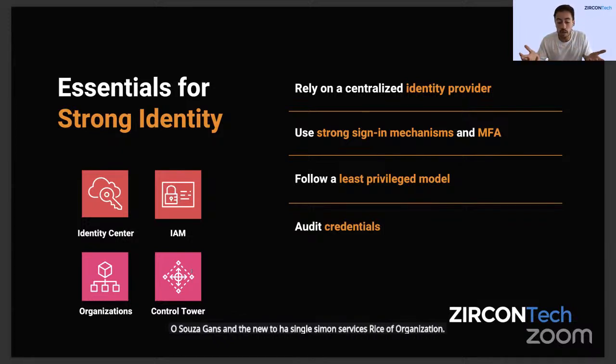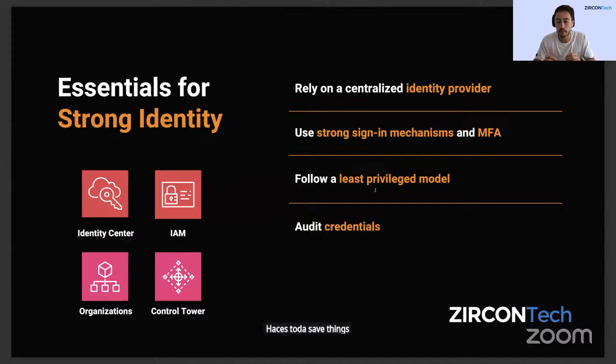And a simple but very important recommendation is to make sure you use strong credentials to enable MFA for all of those accounts. So then once we have those accounts in place, we should follow a least privilege model. And this means that not all users will need access to the same things.